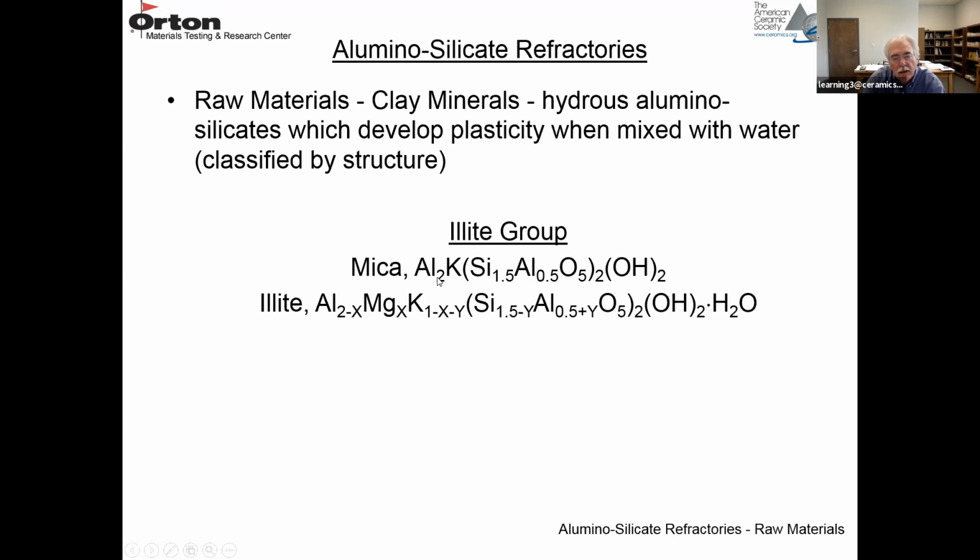Mica, Al2K, Si1.5, Al0.5, O5, that's 2 times that group, OH twice. So now you have potassium substitutions for the aluminum sites and some aluminum substitution on the silicon sites. And illite is this long formula. It's hydrated with an H2O, but it has magnesium and potassium substituted on aluminum sites and aluminum substituted on a silicon site.